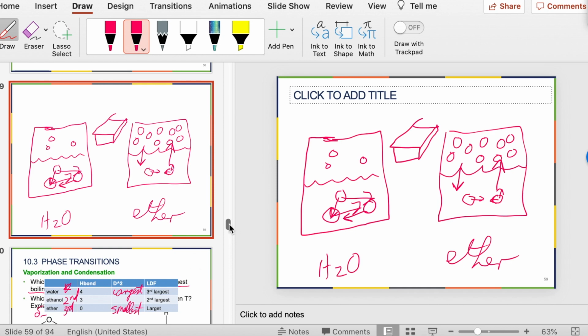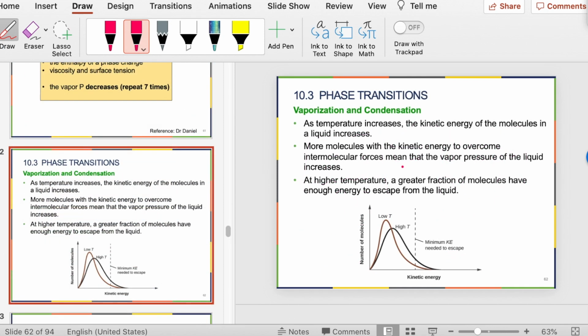Now let's move on. And now these two curves, these are Boltzmann distribution. Ludwig Boltzmann came up with how to calculate these curves. But what it's showing is the number of molecules, and we're comparing a low temperature and a high temperature. And this is showing kinetic energy. So if you integrated these curves, the area under the curves would be the same.